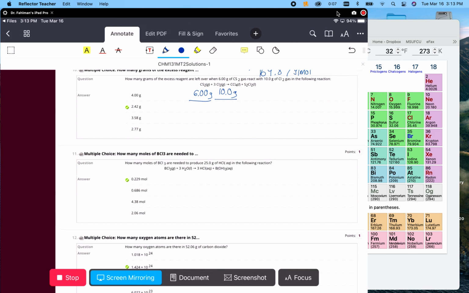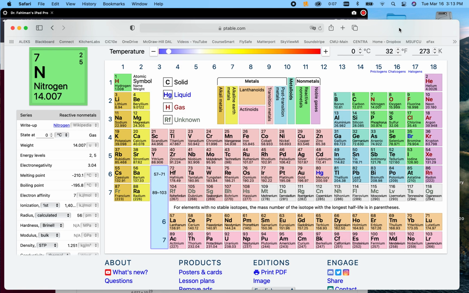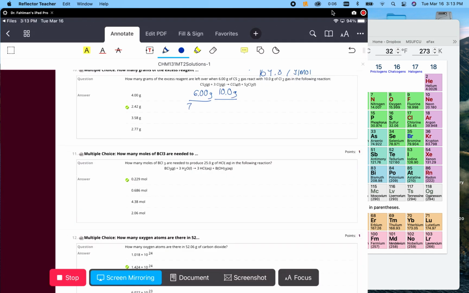So carbon disulfide, CS2, sulfur is 32.06, and you have 2 of them, and then 12.01 for carbon. So that's 76.13.